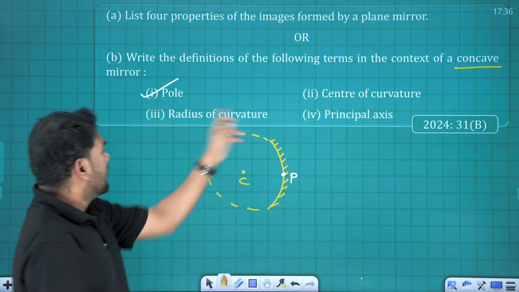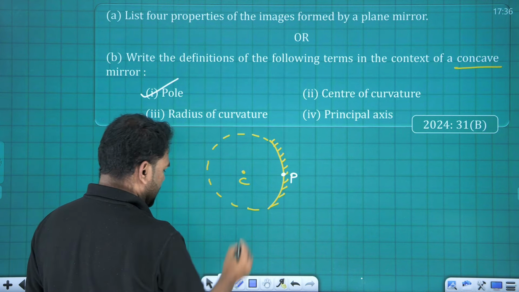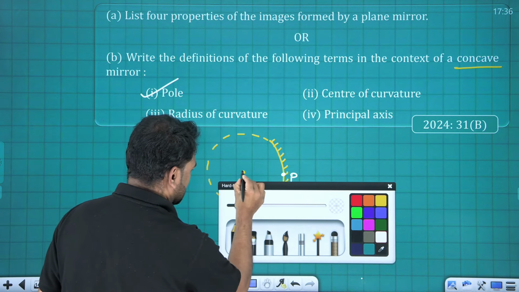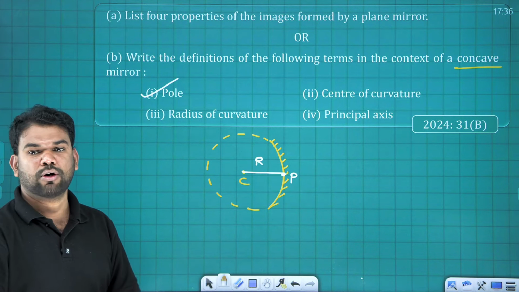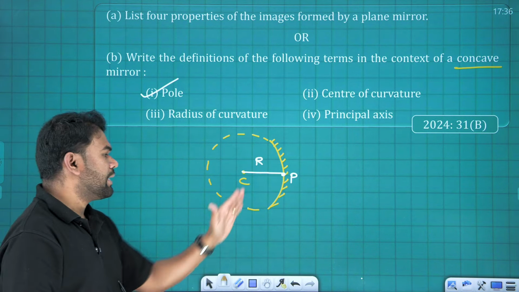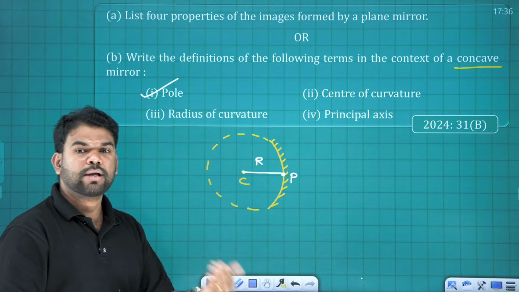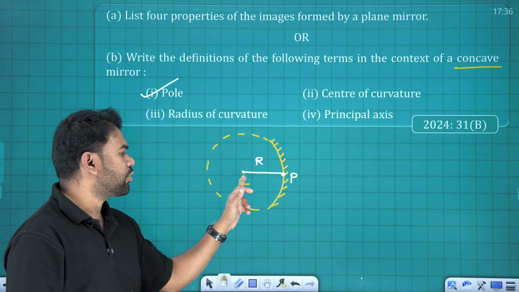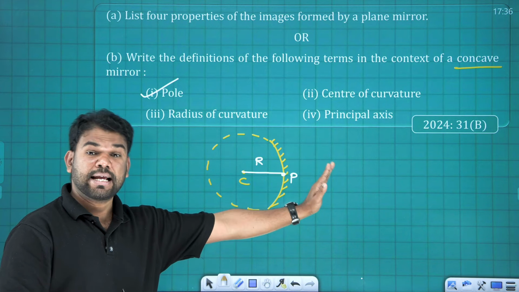Then radius of curvature. Radius of curvature means the radius of the imaginary sphere, that means this distance: the radius of an imaginary sphere in which the mirror forms a part, or you can say it is the distance between the center of curvature and the pole. This is also different based on sign convention.